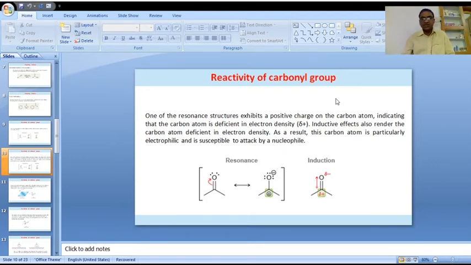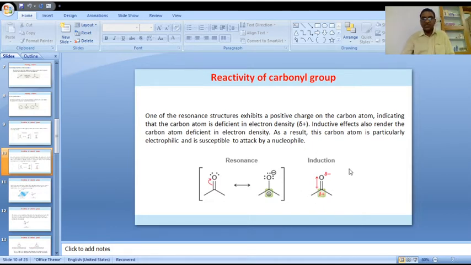Based on the resonance effect, in this second structure, the carbon atom is electron deficient because it has a positive charge. Inductive effects also render the carbon atom deficient in electron density.